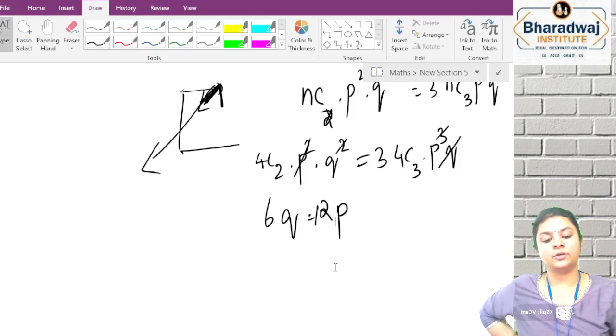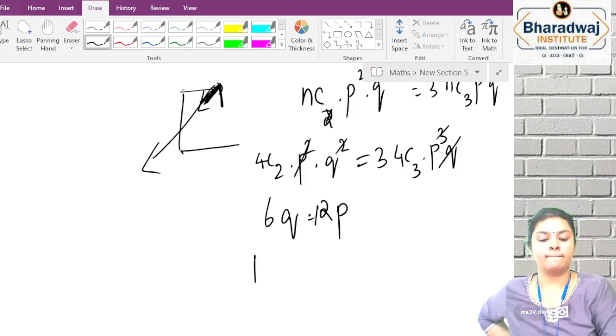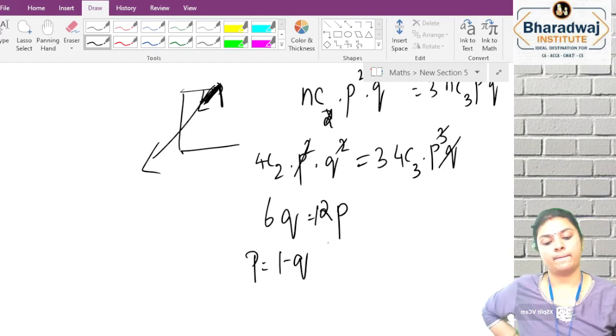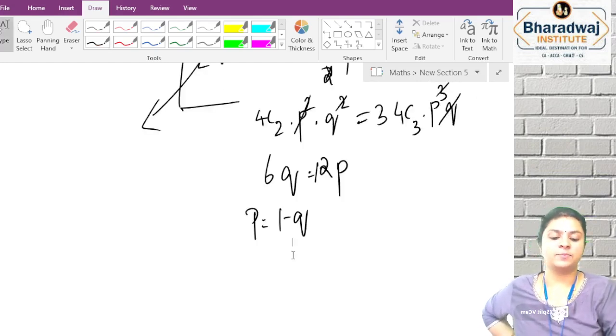And you can substitute p is equal to 1 minus q, or q is equal to 1 minus p, either way.